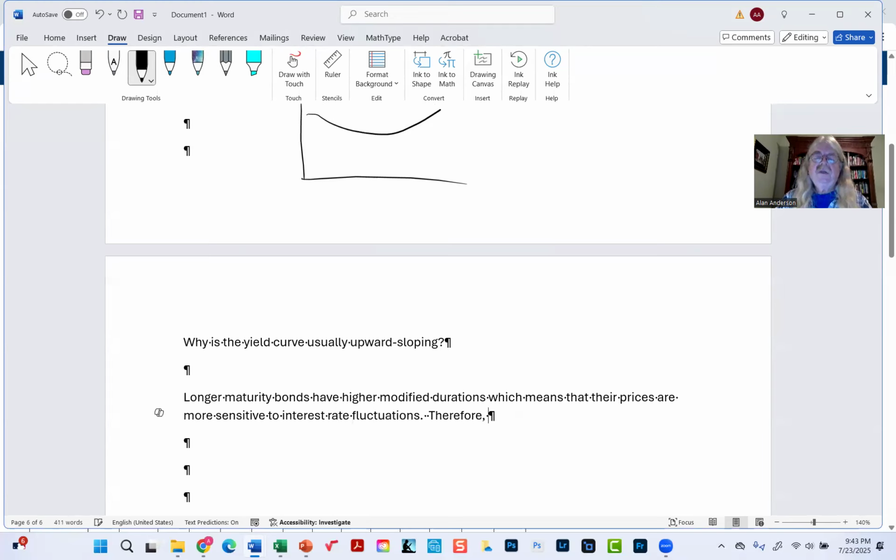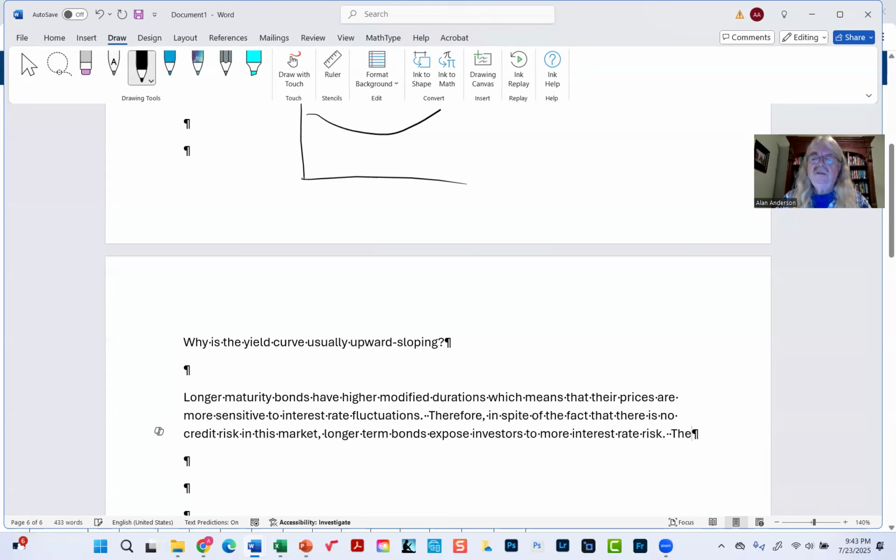Therefore, in spite of the fact that there's no credit risk in this market, longer term bonds expose investors to more interest rate risk.